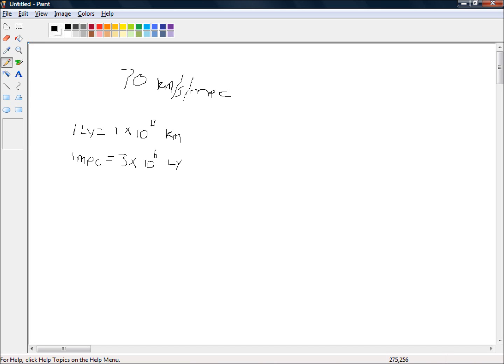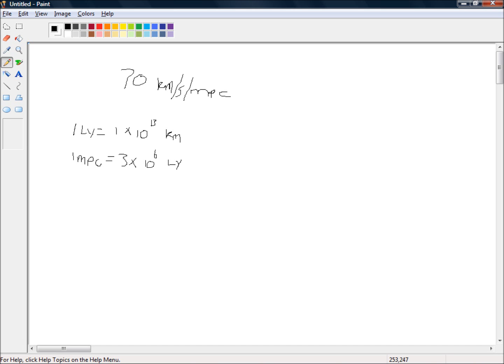So that's basically saying that there are 3 million light years in a megaparsec and 10 trillion kilometers in a light year. So that means there are 10 trillion times 3 million kilometers in a megaparsec. This is why we use standard form, so that we can make the calculations easy.